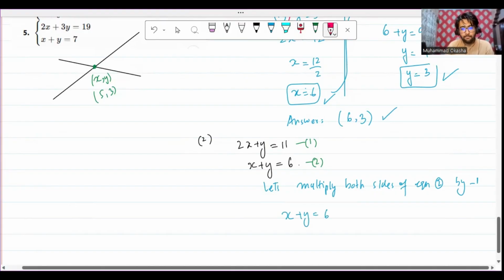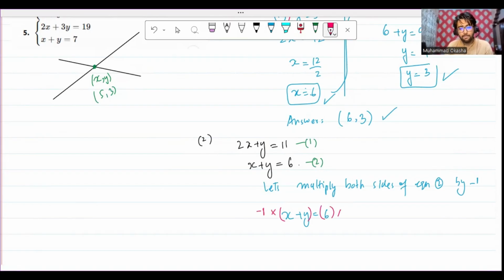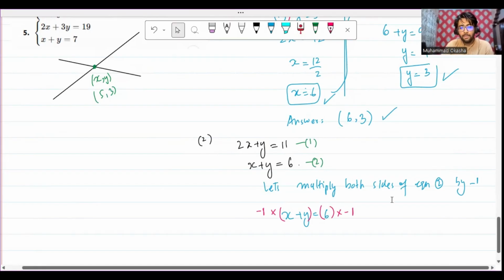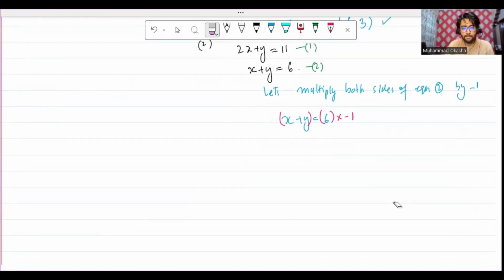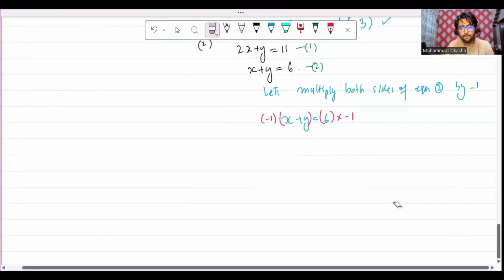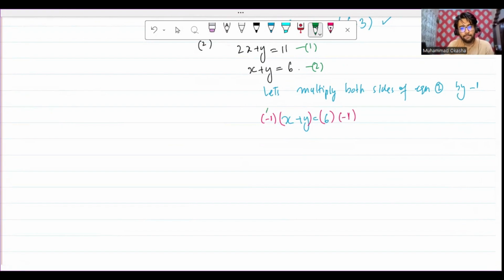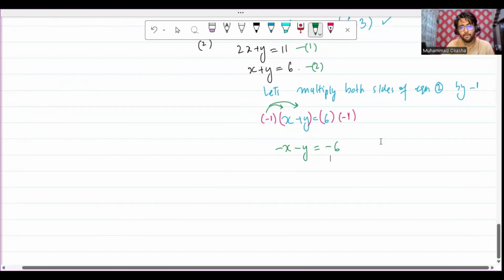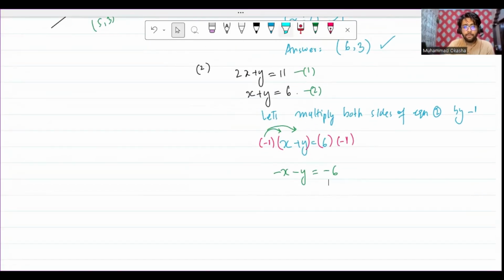Let's multiply both sides by -1. What it does is it changes the sign of everything. 1 multiplied by x is -x, and that is going to be -x minus y equals -6.